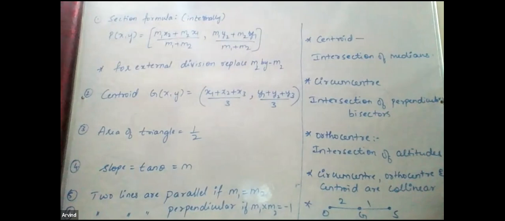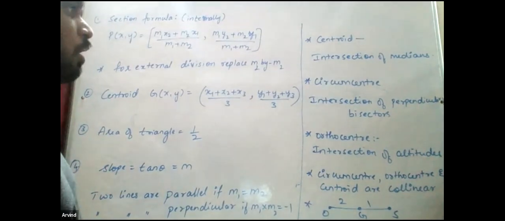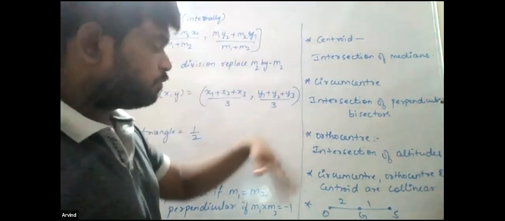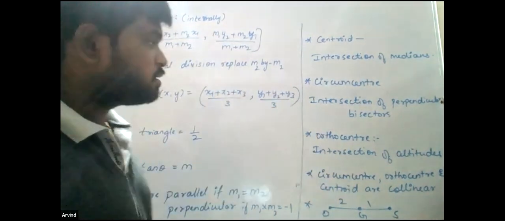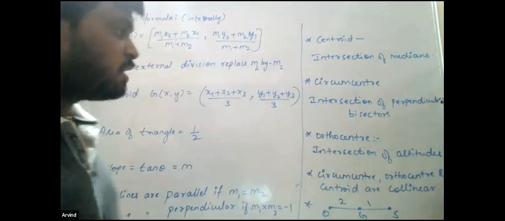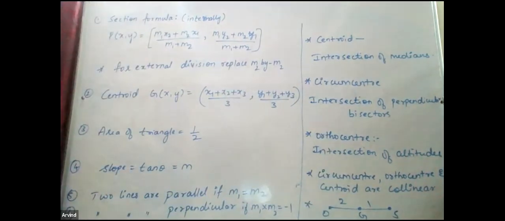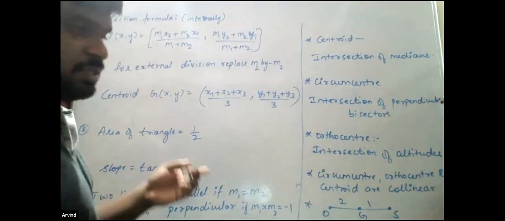Yeah, next thing is area of a triangle. I know first few minutes it will be only formulas, then we'll start solving the problems. Okay, so area of a triangle, it's very easy to remember.